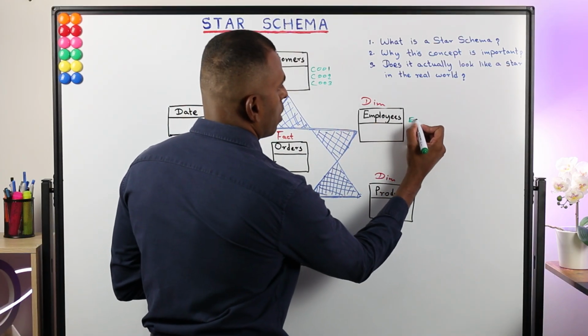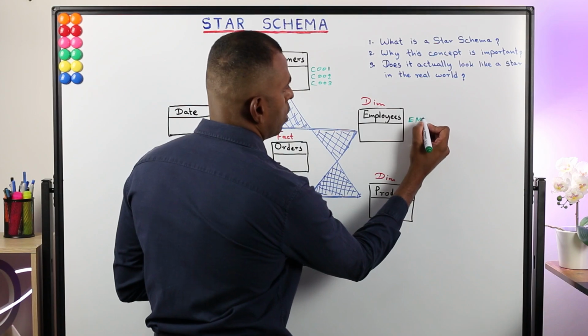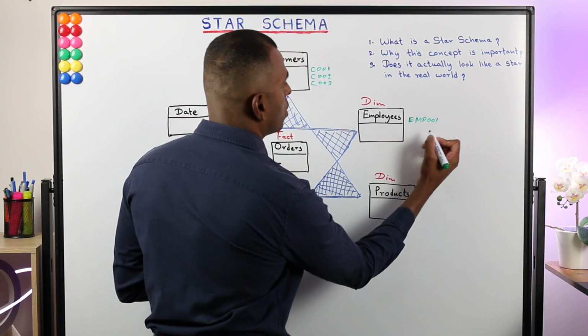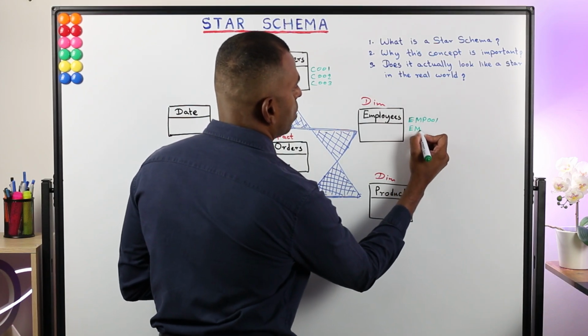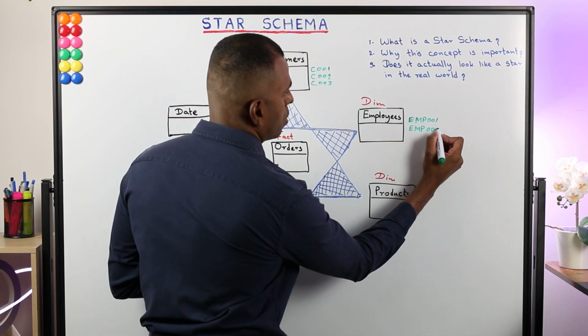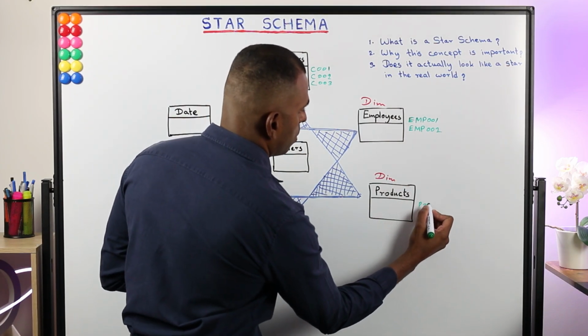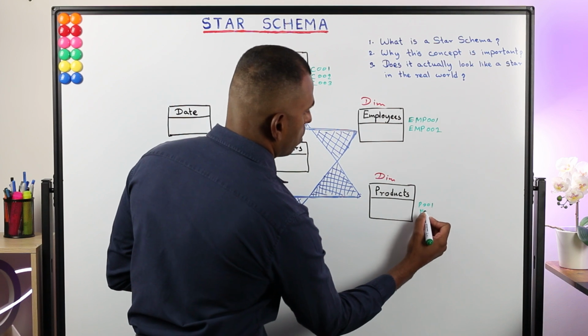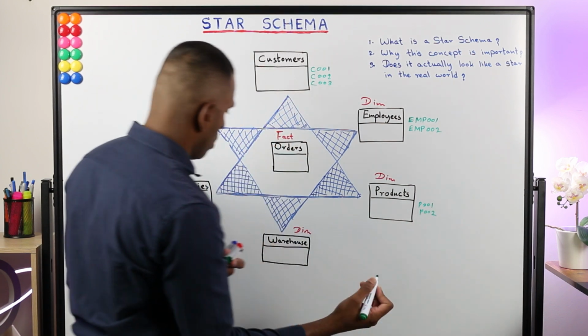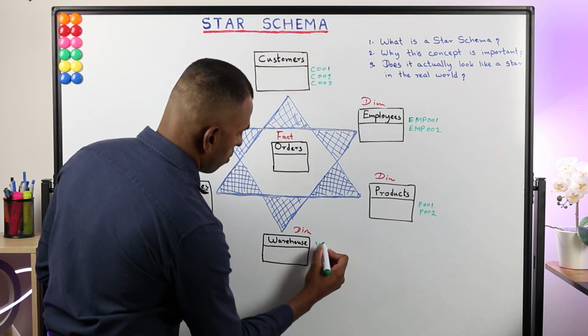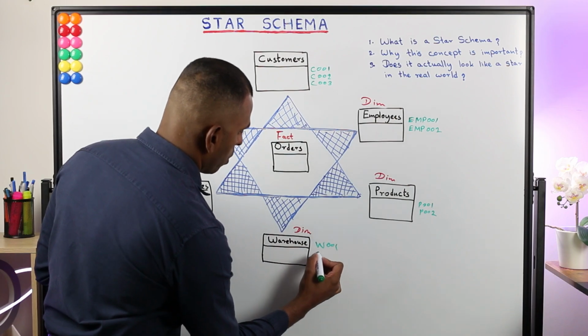Let's say EMP001, EMP002, like that. Products are the same, product 1, product 2. Warehouse is the same.